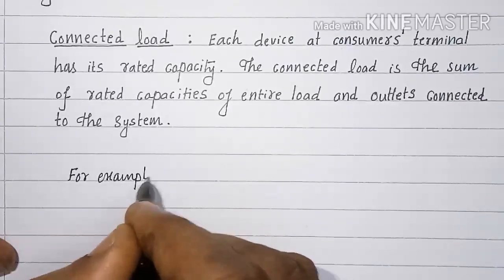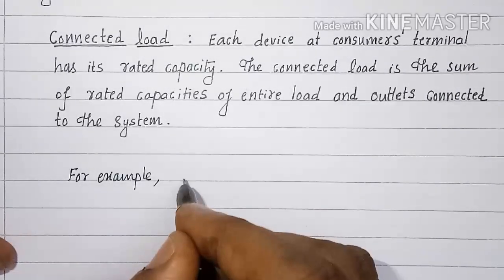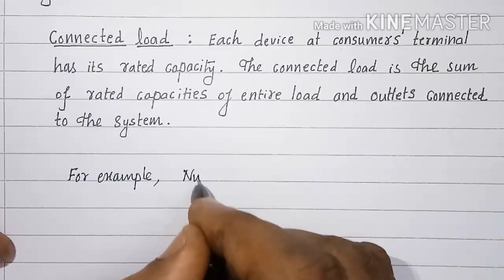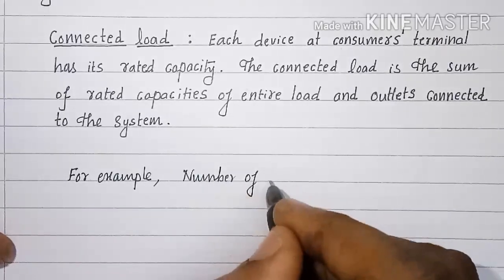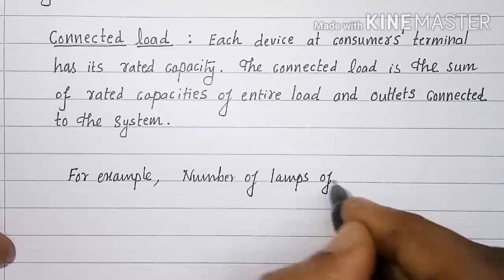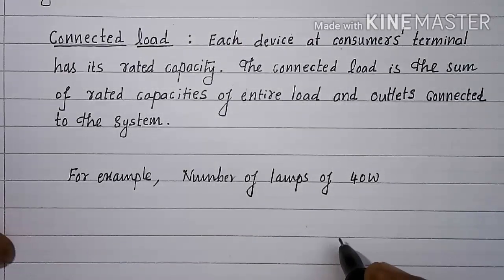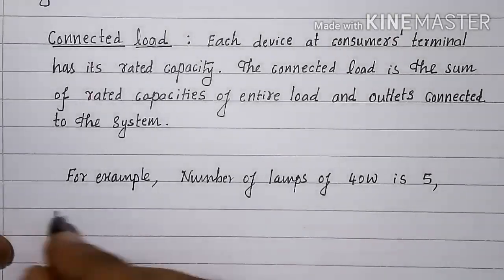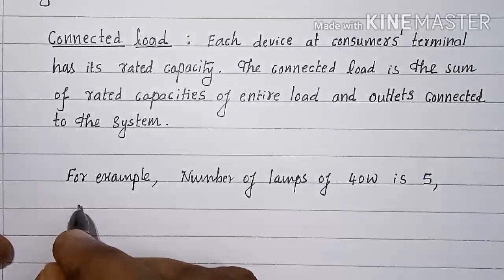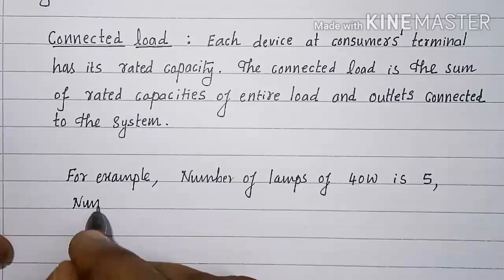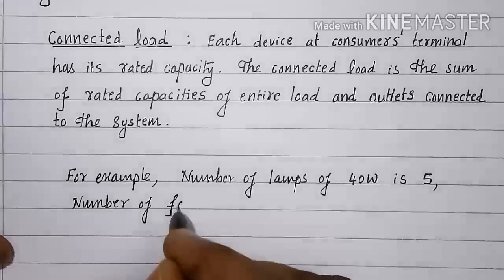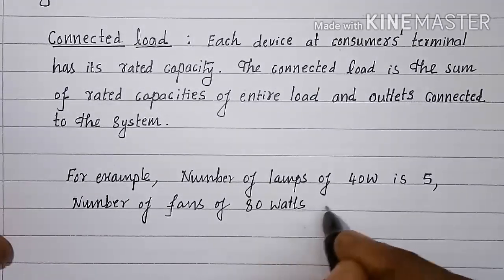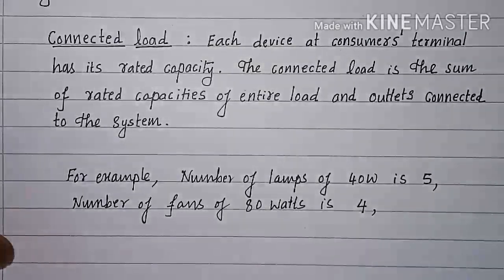For example, say at a residence, number of lamps of 40 watt is 5. Number of fans of 80 watts is 4.